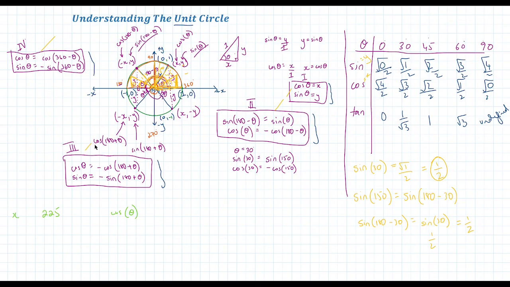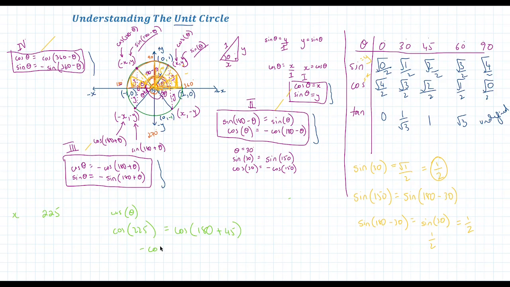And here we know that cos theta is the same as negative cos of theta minus 180. So I can say that cos of 225 is the same as cos of 180 plus 45.